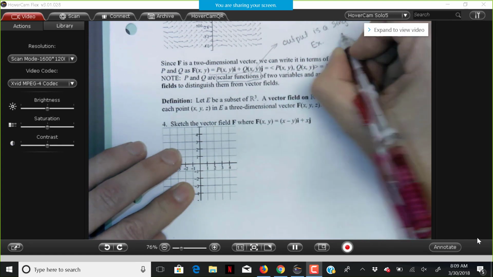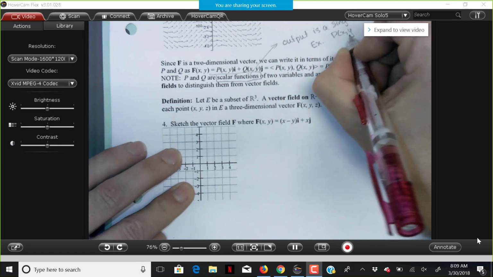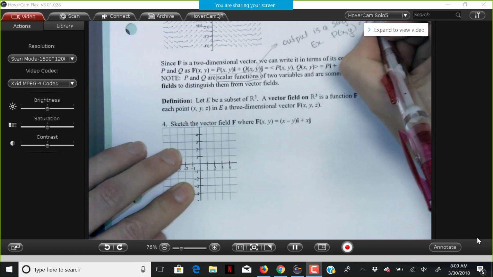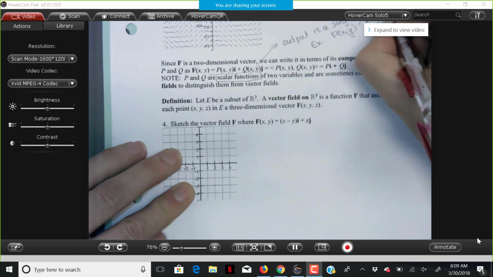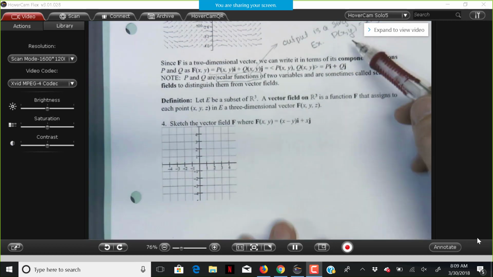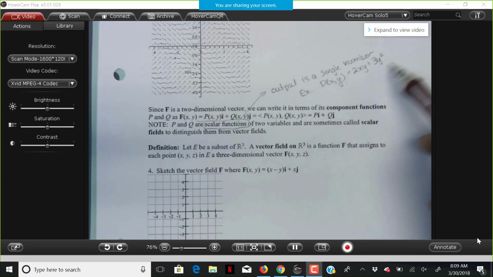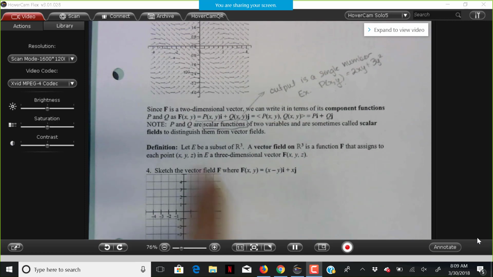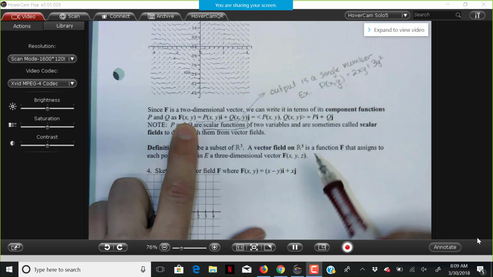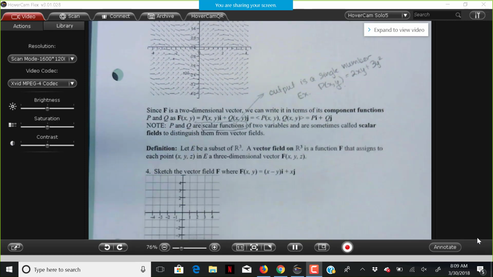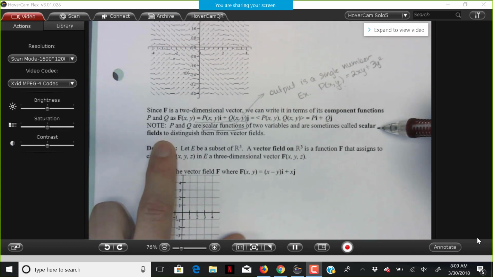Like if you had P(x, y) equals 2xy plus 3y squared, if you plug in a point (x, y), you get one number as your answer. Whereas with F, you plug in one point and you get a vector out. Sometimes they're called scalar fields to distinguish them from vector fields.